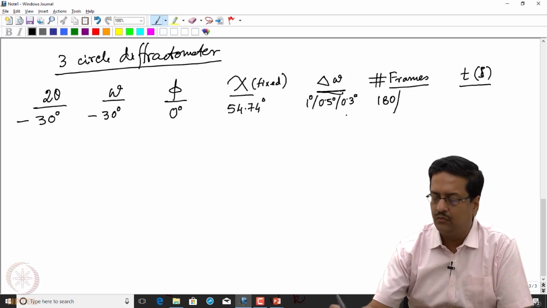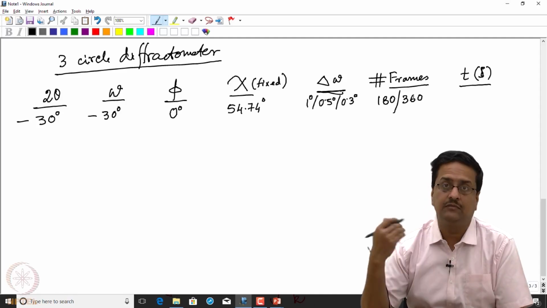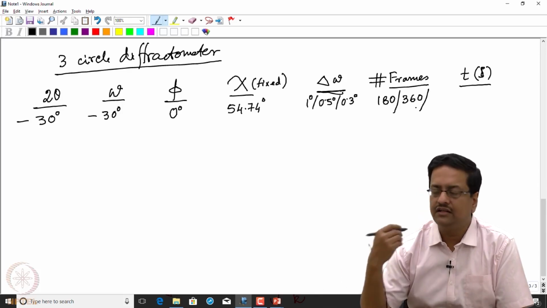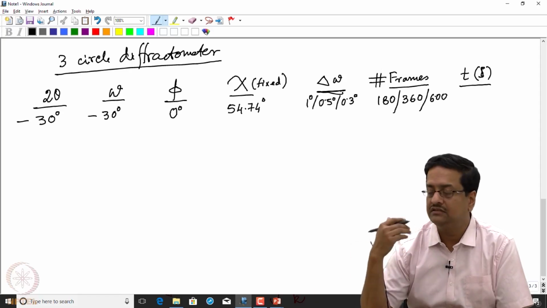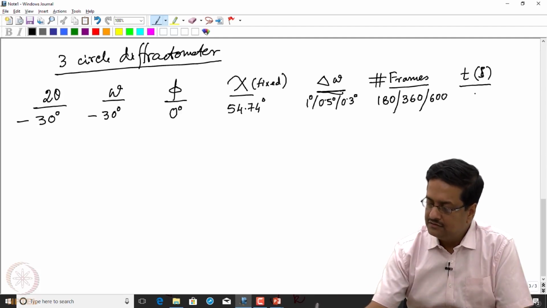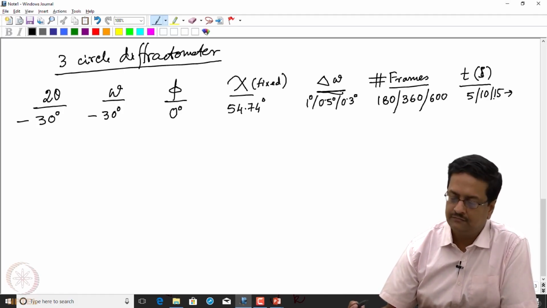If it is 0.5 degree width, then I would need 360 such frames. So the number of frames increases. If I use 0.3 degree width, I would need 600 such frames. That means much more number of frames. And this time in seconds can be 5 or 10 or 15 or more, depending on the quality of the crystal, the way it diffracts.